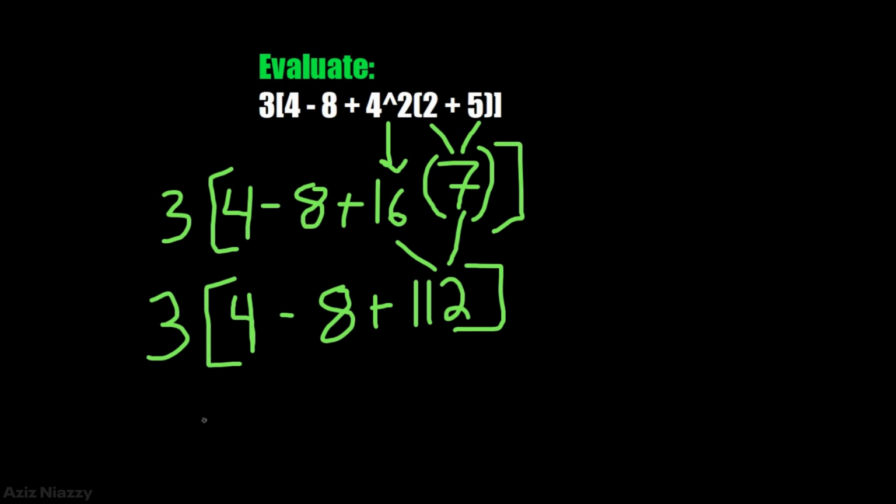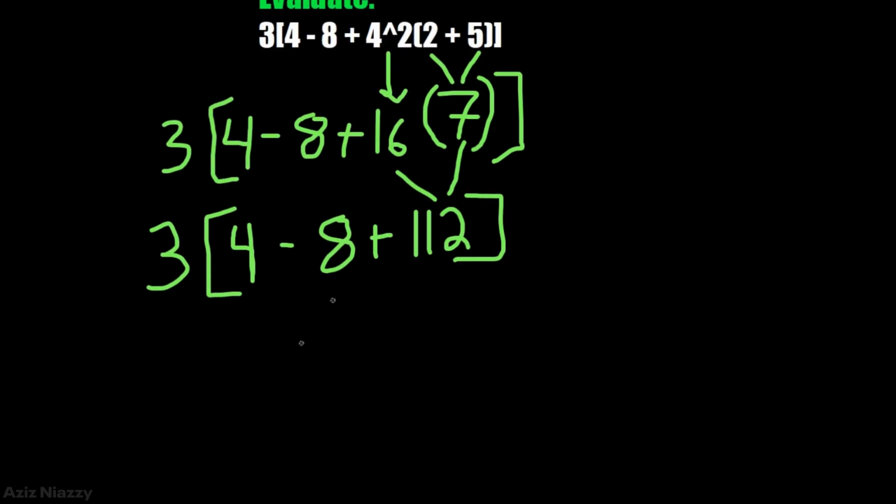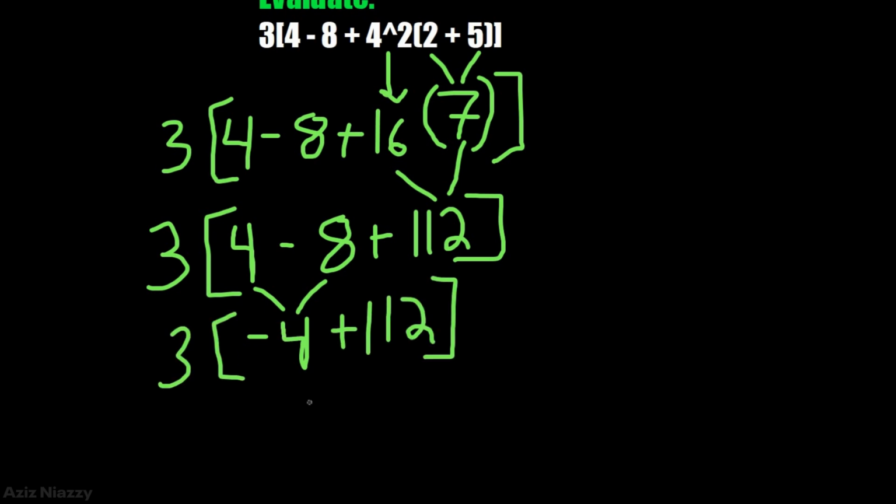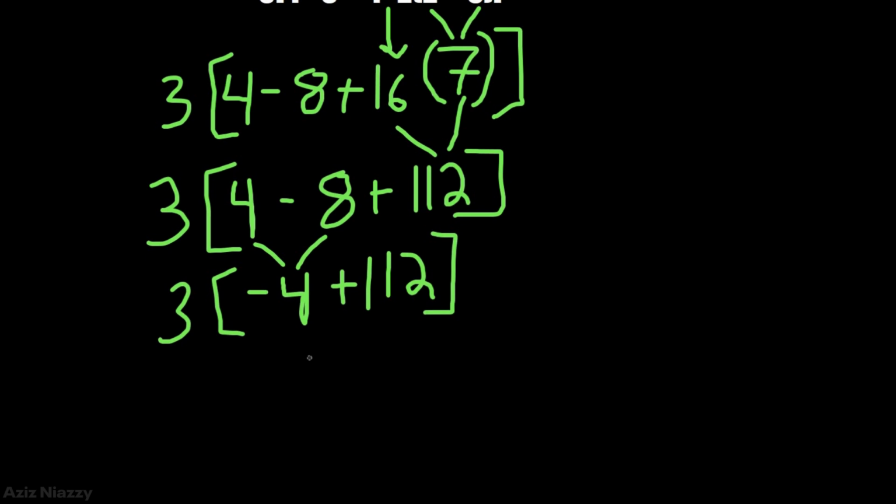Now the equation looks like this. The next step we're going to do is subtract. So 4 minus 8 is negative 4. So now the equation looks like this. The next step we're going to do is addition.